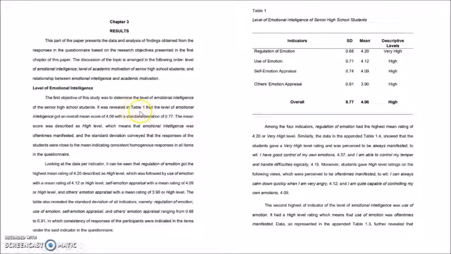See this? Table 1. Ito yung page na yan. Now, it is expected that on the next page, sa page 2, andito yung Table 1 natin. It should be at the topmost part of the page. Okay? Topmost part. Walang kahit na isang sentence sa taas ng title na Table 1. So, topmost part of the next page.